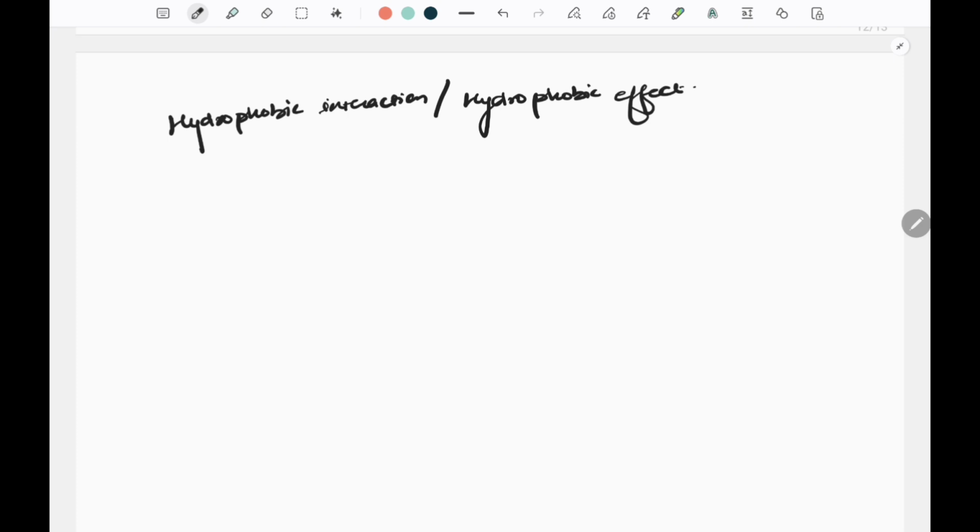So now let's learn about the hydrophobic interaction in case of water. It is also known as the hydrophobic effect. It actually talks about the relation between water and a hydrophobic substance. So what is the most common hydrophobic substance?